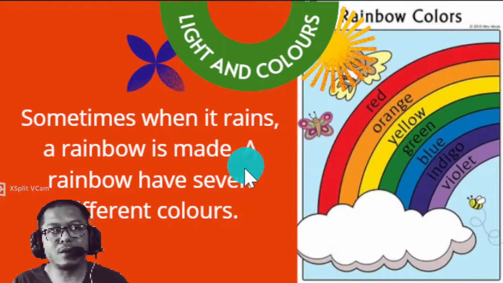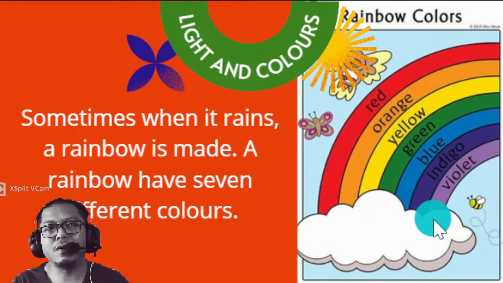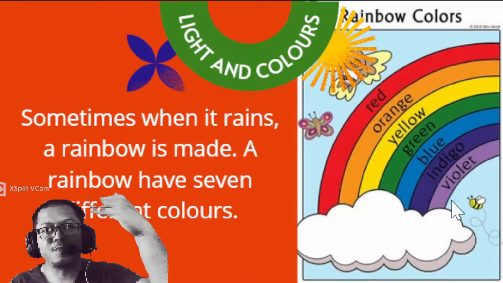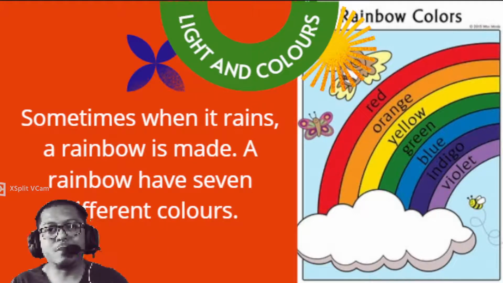So when it rains, a rainbow is made. A rainbow has seven different colors: red, orange, yellow, green, blue, indigo, and violet. And the colors always arrange in this position: red at the top and violet at the bottom.